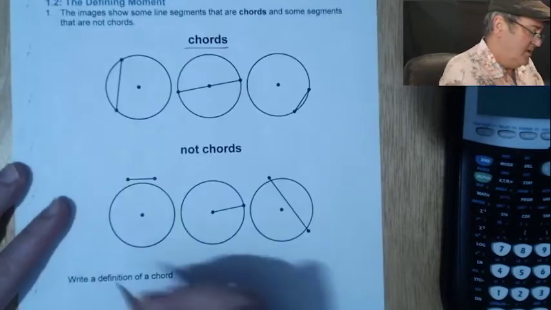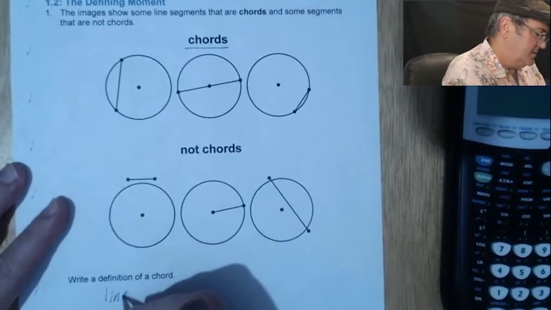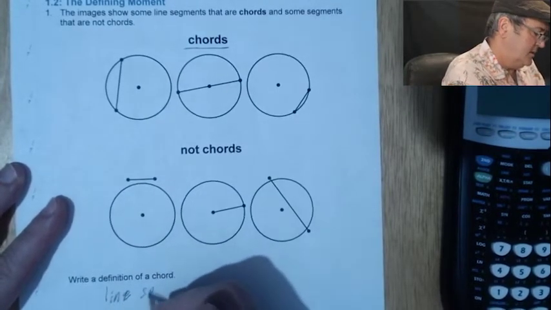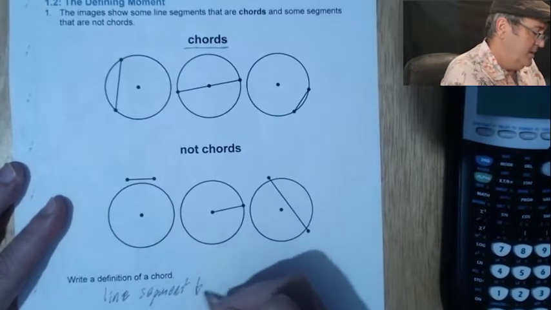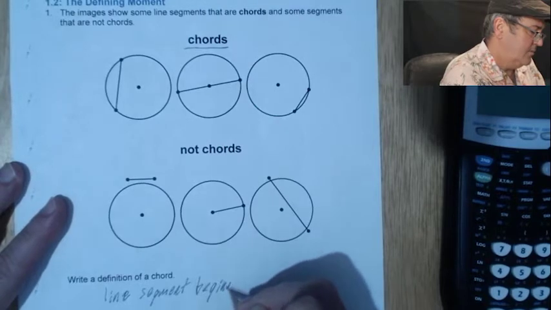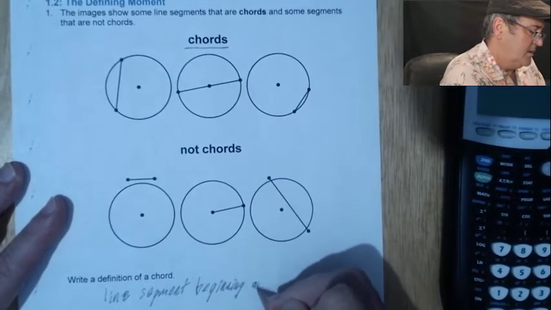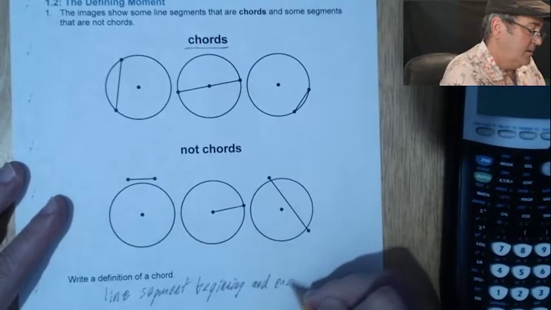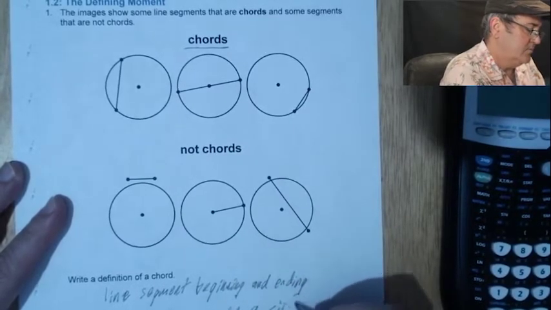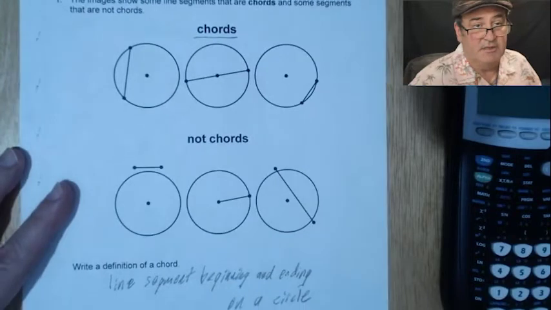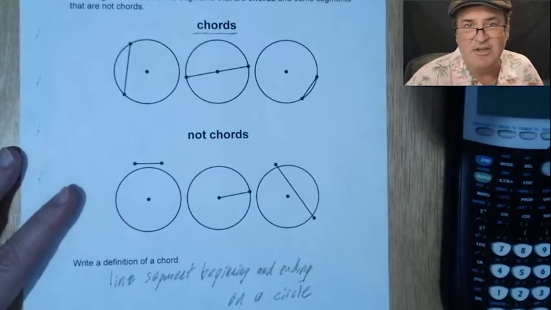A chord is a line segment. All right, those are all straight. Beginning and ending on a circle. So we're going to say line segment beginning and ending on a circle, right?